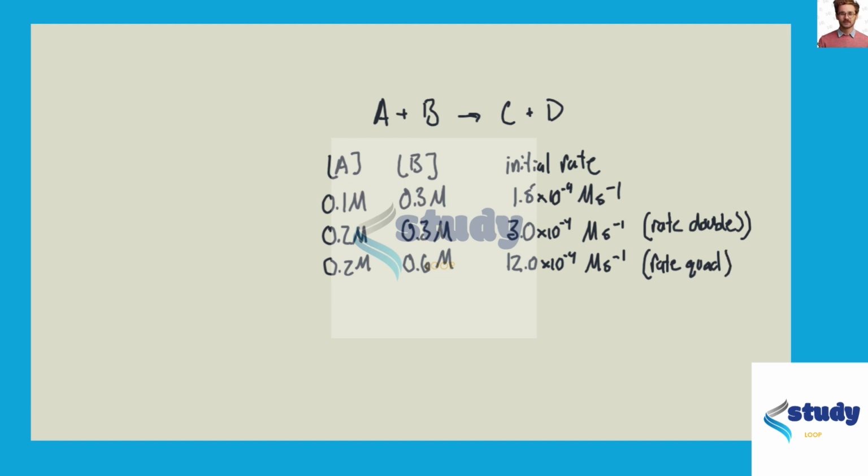So when A doubles, double A initial means rate doubles, or 2 times.